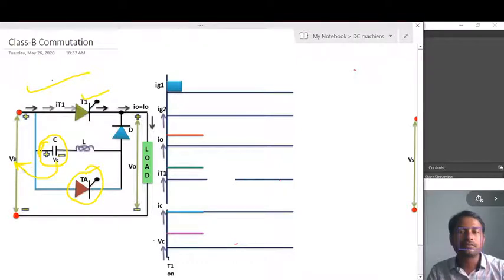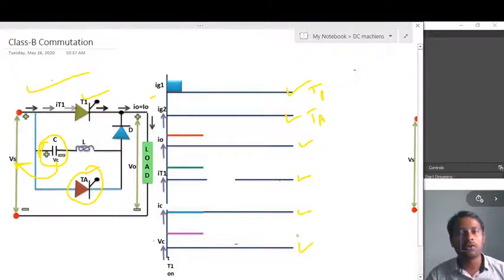Now these are the different waveforms: the gate current of the main thyristor T1, the gate current of the auxiliary thyristor, and the output current. This is the thyristor 1 current, the current through the capacitor, and the voltage across the capacitor.